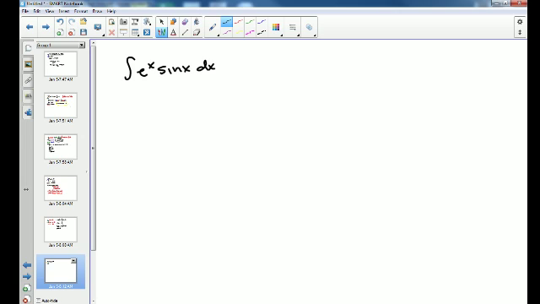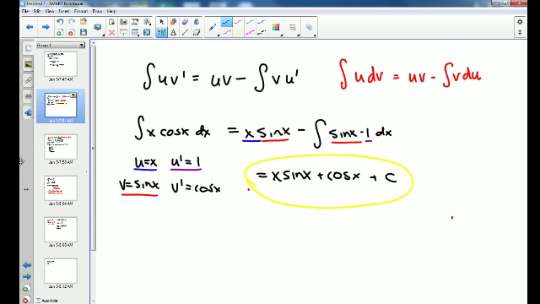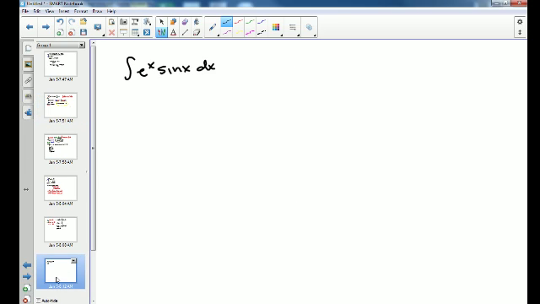No, because your formula has 2 items in here. You're always going to end up with an e to the x times sine x or an e to the x times cosine x. It never gets simpler. So you better learn to recognize that this will never work.